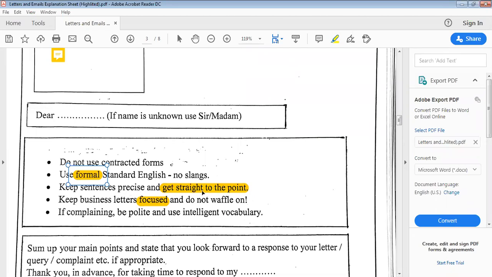I'm going to keep my sentences precise and get straight to the point. It means I'm not going to blab. I'm not going to talk about unnecessary things. I'm going to get to the point immediately so that I don't waste the receiver's time, okay? If complaining, you have to be polite, okay? Why do I have to be polite?